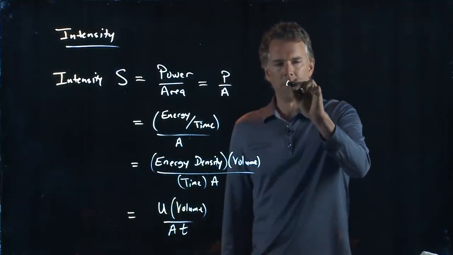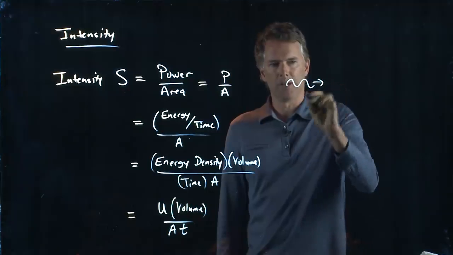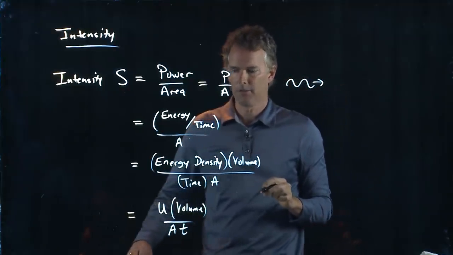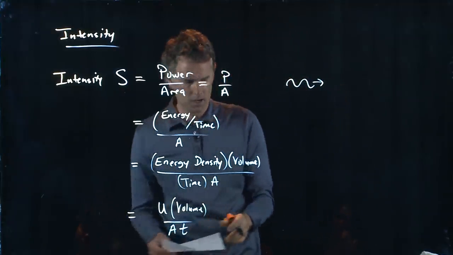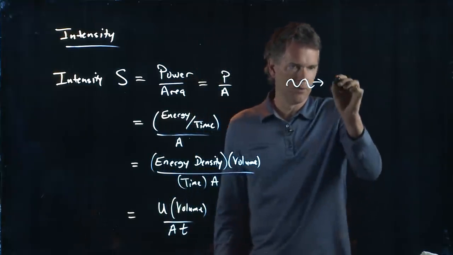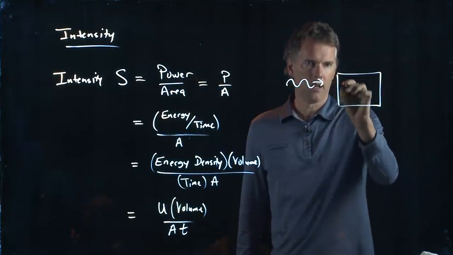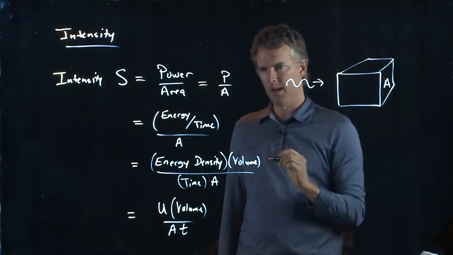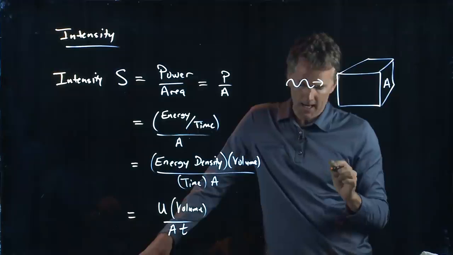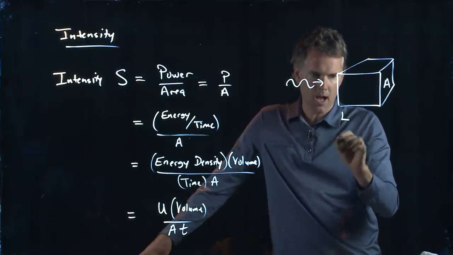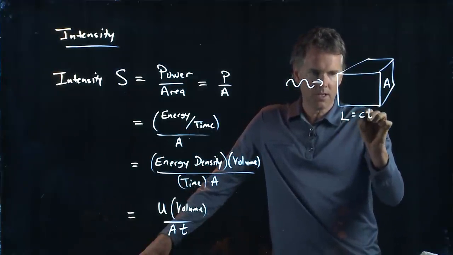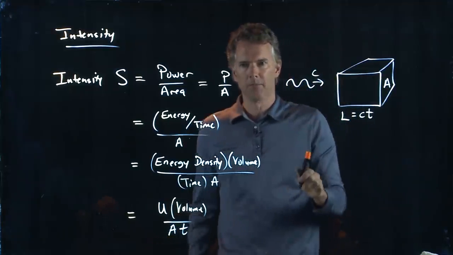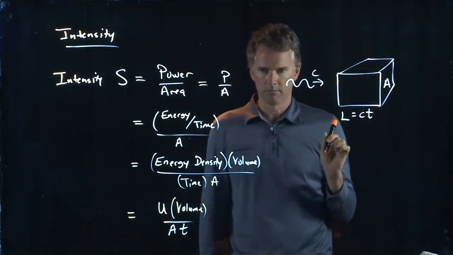Well, let's think about an electromagnetic wave propagating along. This electromagnetic wave propagating along is going to occupy a region of space that has a cross-sectional area A to it, and it has a length here, L, which is equal to how fast it's moving for how long.